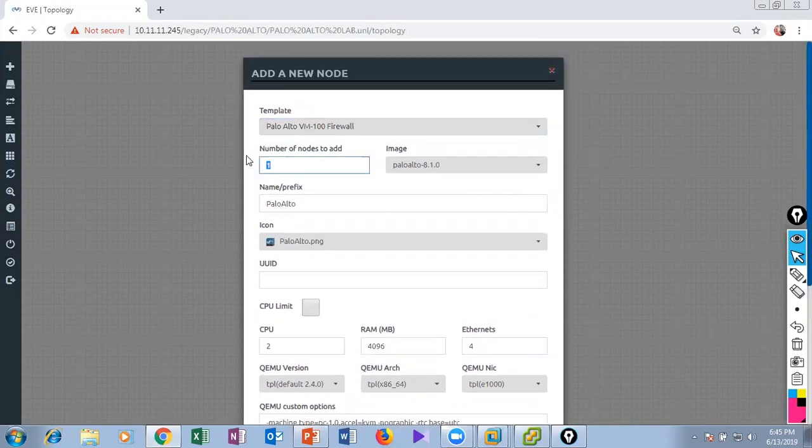VPN to GUI, everything will be done through the GUI.